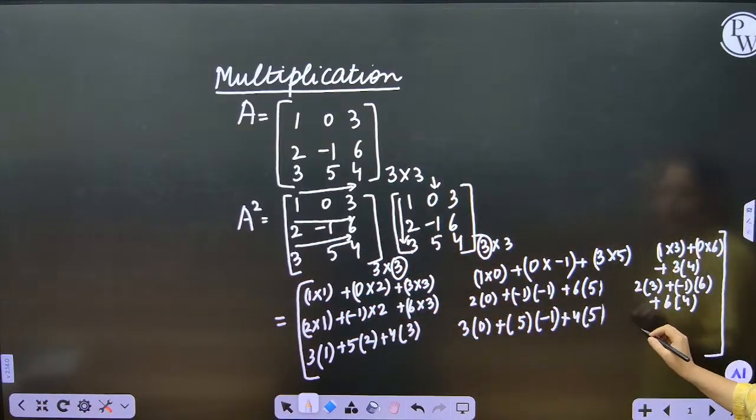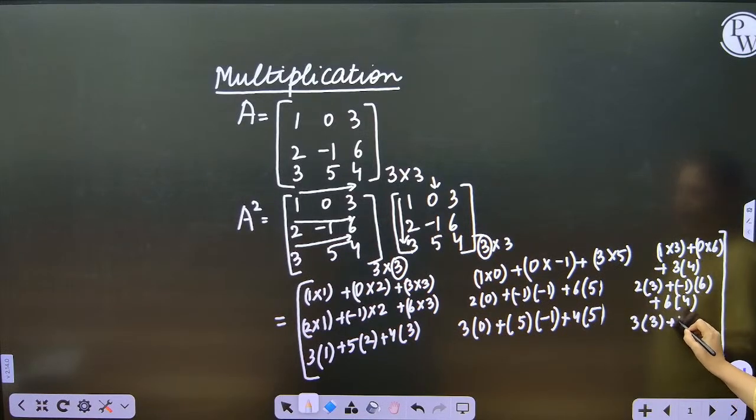Now third row, third column, 3 into 3 plus 5 into 6 plus 4 into 4.